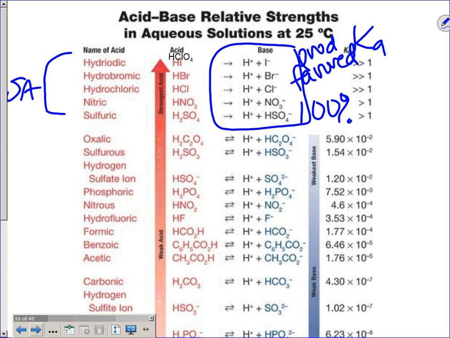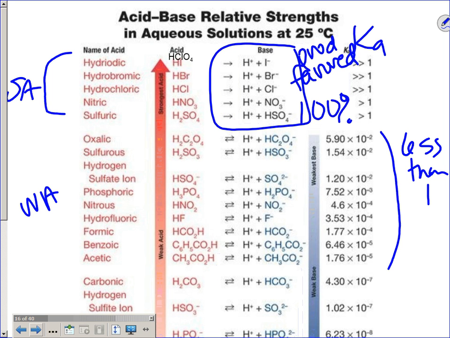But everything else that's a weak acid has Ka values, equilibrium constants, less than 1. You can see that here as a negative exponent. Less than 1 means that this equilibrium favors not the products, but the reactants.